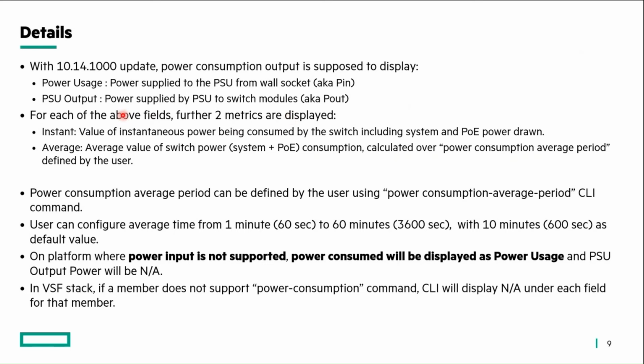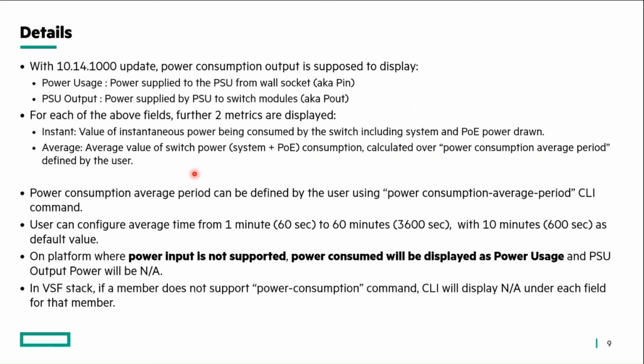For each of the above fields, two further metrics are displayed: average and instant. So for power usage there are two values, instant and average, and for PSU output as well there are two values, instant and average.